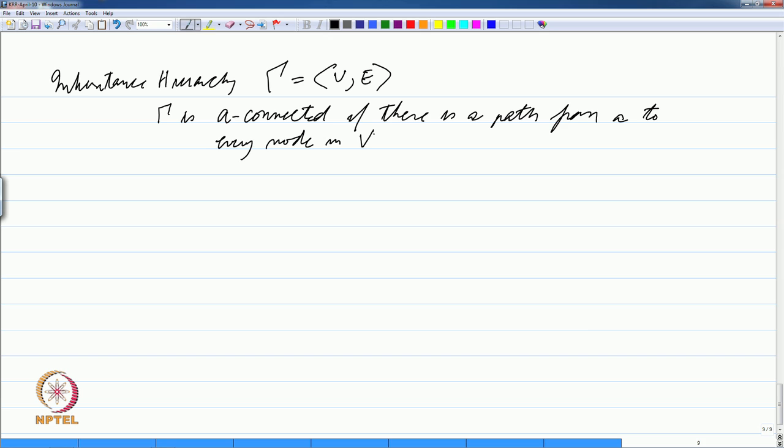So, with respect to an A, we say that tau is A connected if there is a path which goes to every other node essentially.